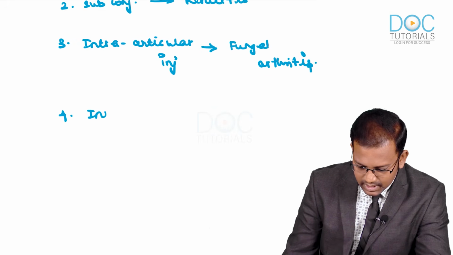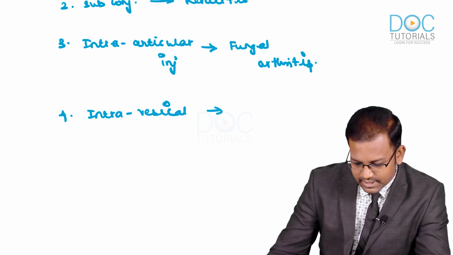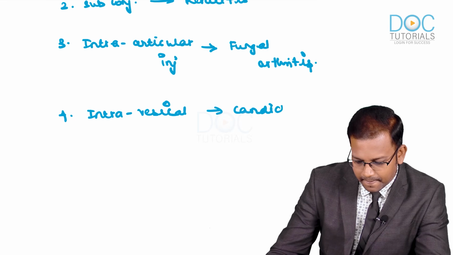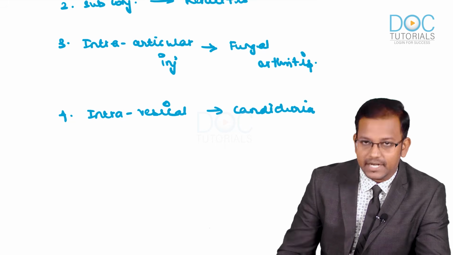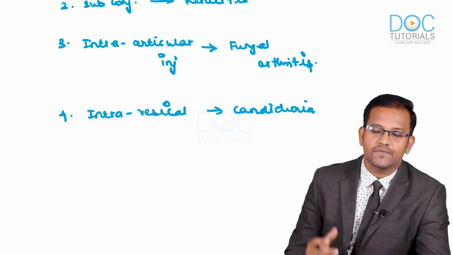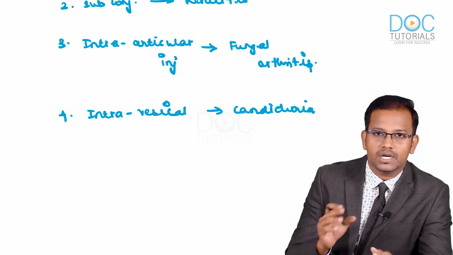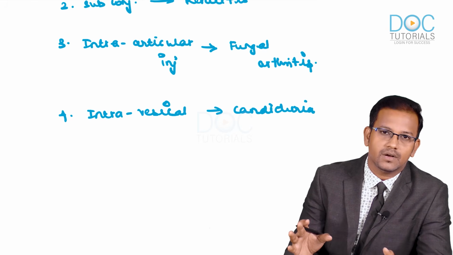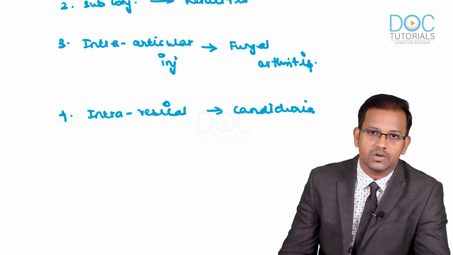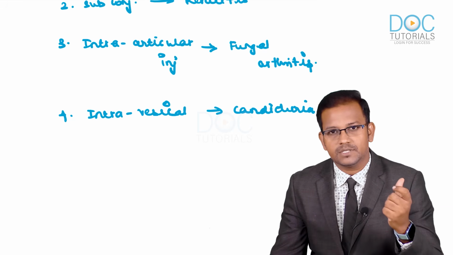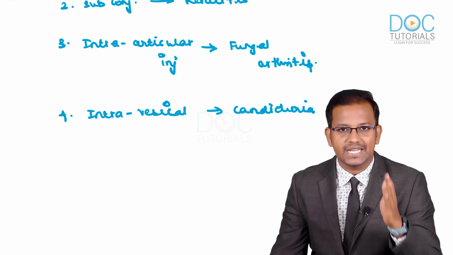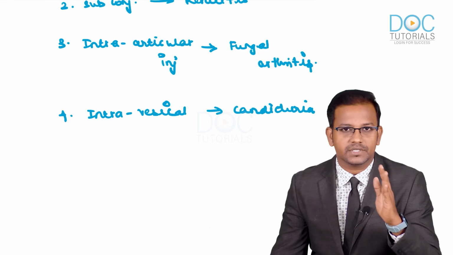The next one, intravesical, for candiduria. For candiduria, we can just instill amphotericin B into the bladder. By administering into the bladder, don't worry about central absorption, because it has very least chances of systemic toxicity.